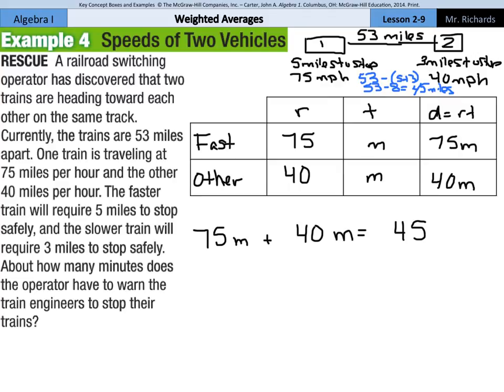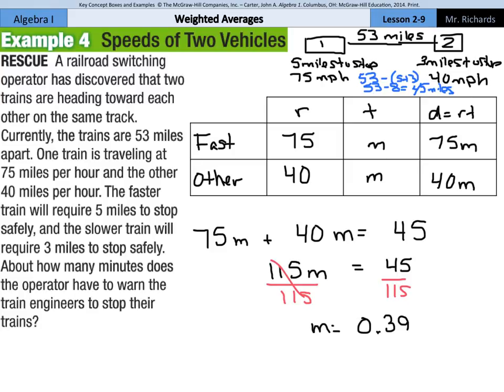Well, now we get to solve this. 75 plus 40m is 115m equals 45. If we divide by 115 on both sides, we get our m to equal about 0.39.